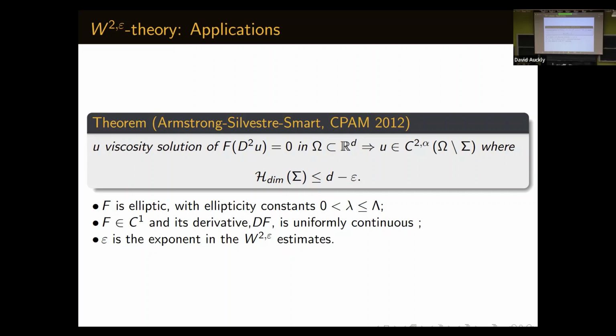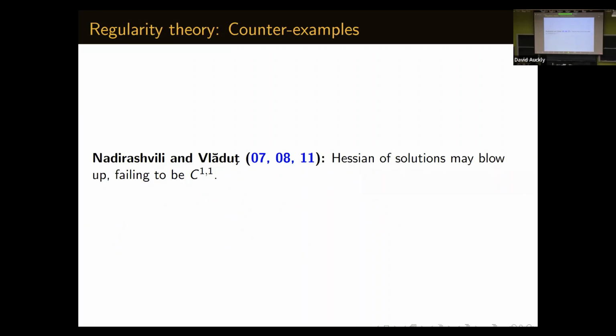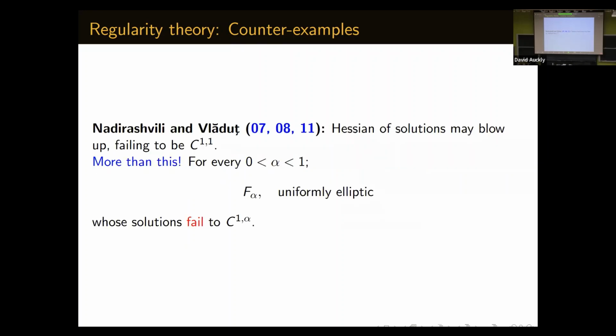Okay. So this is another breakthrough in the theory. And you may ask, if before I didn't have regularity results without assumption of convexity or concavity, can I in the future get rid of the singular set? And the answer is no. The answer actually came before that by Nadirashvili and Vlăduţ in a series of papers where they constructed solutions whose Hessian blows up. They were actually unbounded. They did more than this.